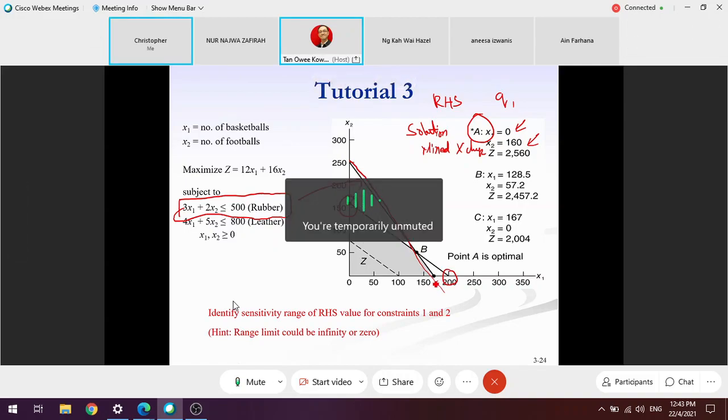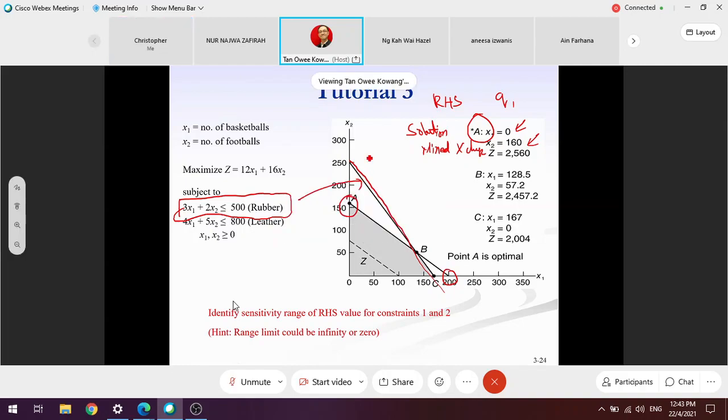Tetapi you just see, tak kira regardless which point that I select dekat x2, tak kira mana-mana, in the end x1 will equal to 0. Am I right?